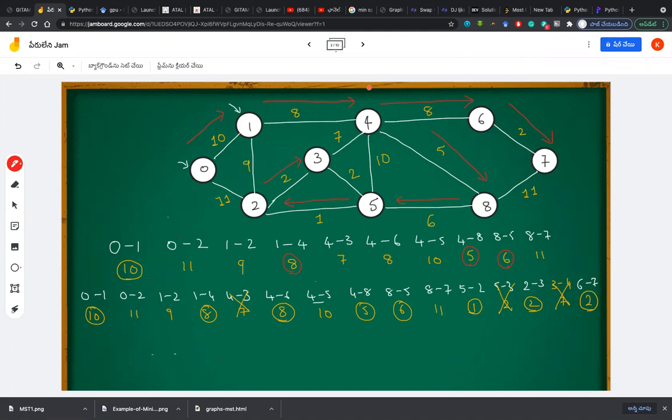Why we say minimum spanning tree is that you have a lot of spanning trees. Without connecting 0 to 2, you can still reach 2. But you have to connect all the nodes which you want, and along with that, for example, 0 to 2 is 11, but if you want to come to 2, you have to go from 0 to 1, 1 to 4, 4 to 8, 8 to 5, 5 to 2.